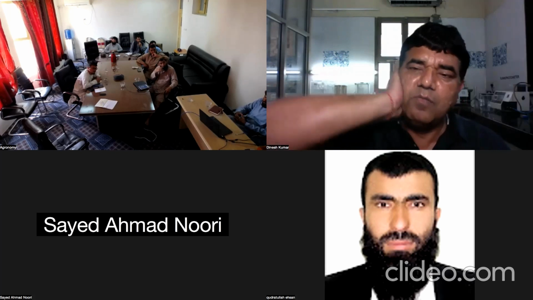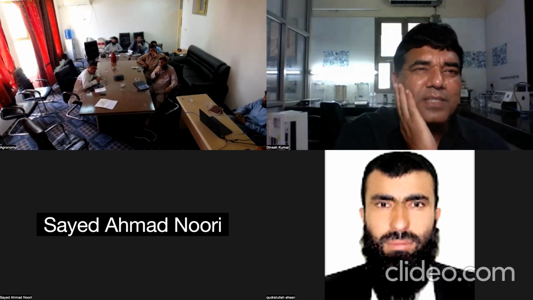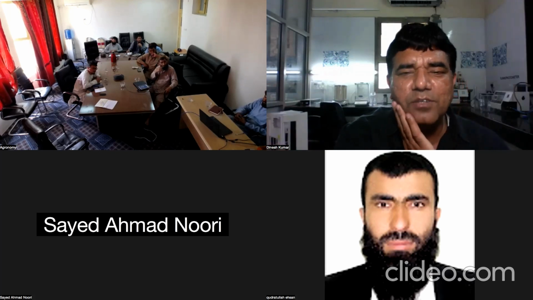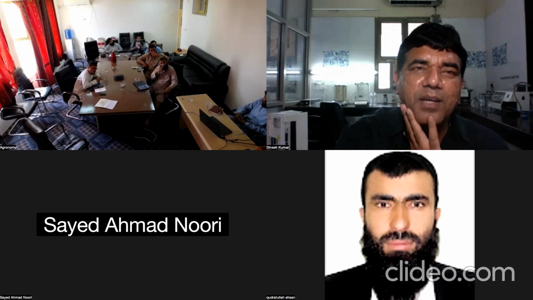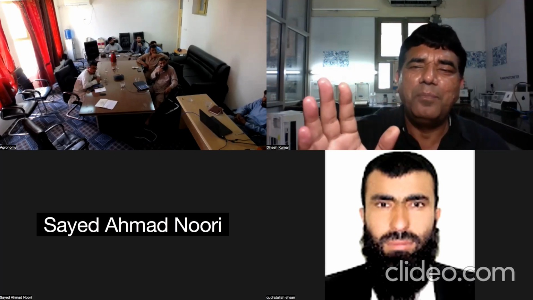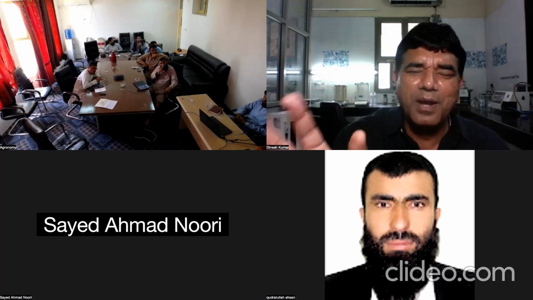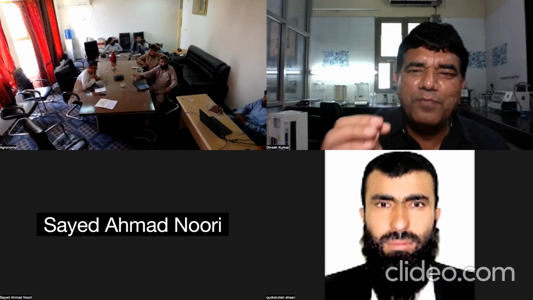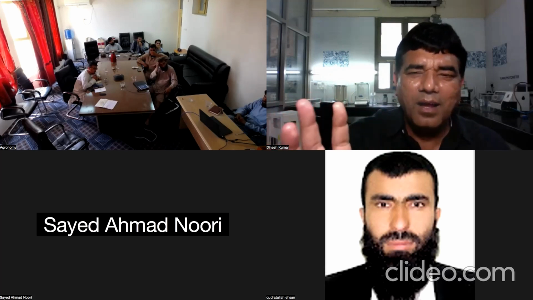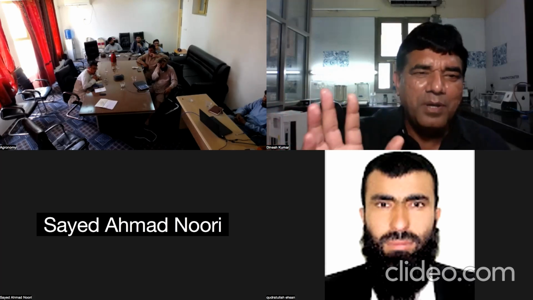So friends, I do not have any knowledge or data that these different intensities of colored light affect the plant growth. But one thing I can share: for example, in case of rice, the optimum light intensity has been worked out as 450 to 500 calories per centimeter square per hour. I'm not sure about the unit, but the values are 450 to 500. I will tell you the units.